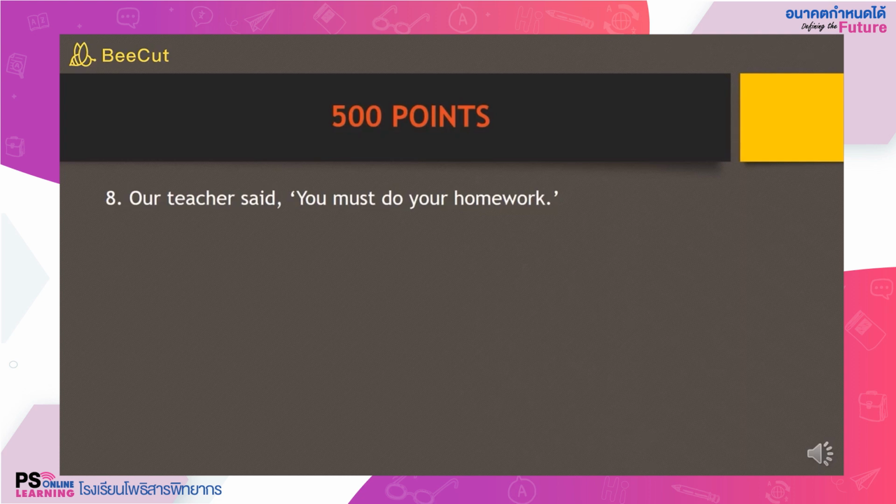The answer is, our teacher said we had to do our homework. You changes to we because of the meaning of the sentence. Must changes to had to. Your changes to our. Did you get it right? If yes, 500 points for you.